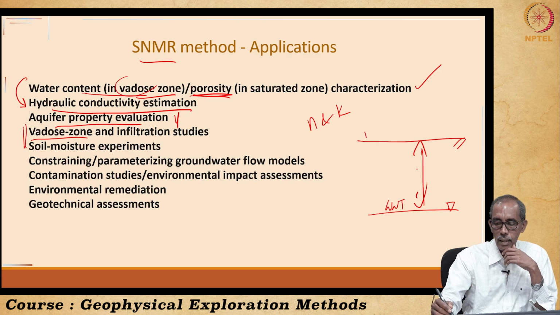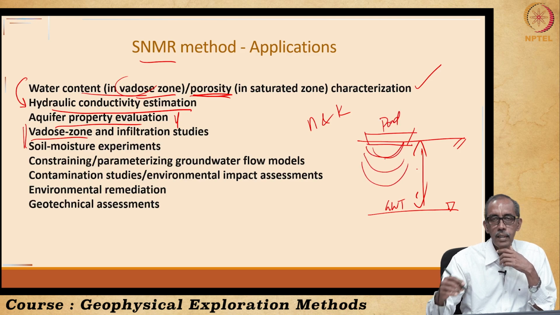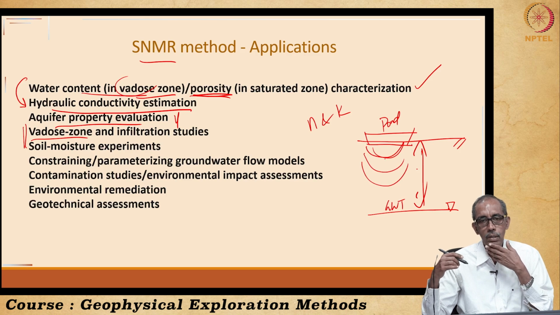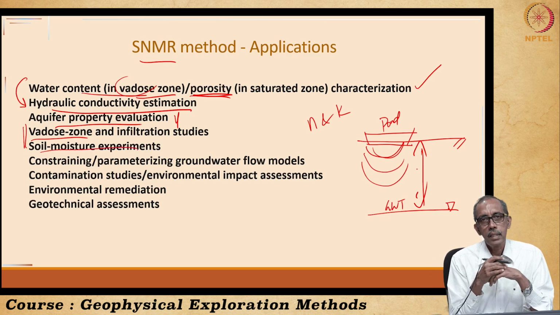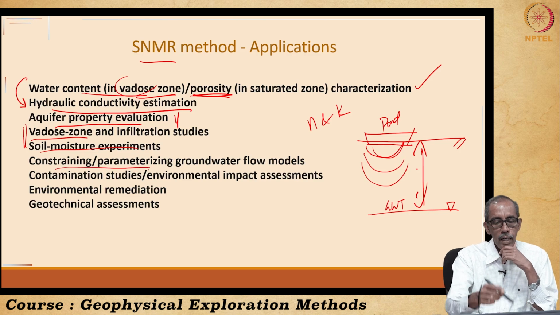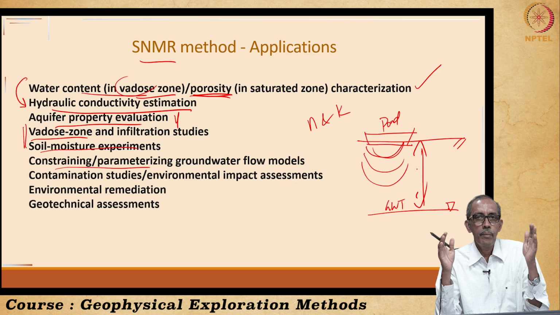Suppose we are conducting some experiments, maybe a percolation pond, how the water is migrating below the surface can also be continuously sensed by SNMR. Also, this method is used to understand the variation in soil moisture below the surface, right, and it helps us to arrive at some constraining parameters, right.